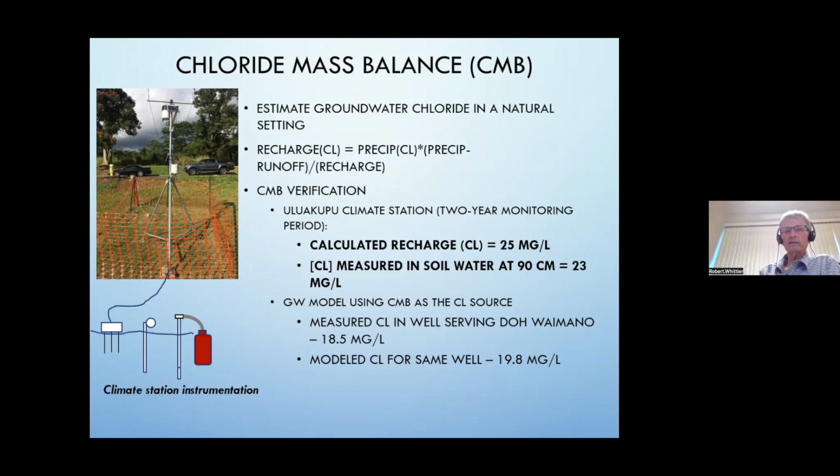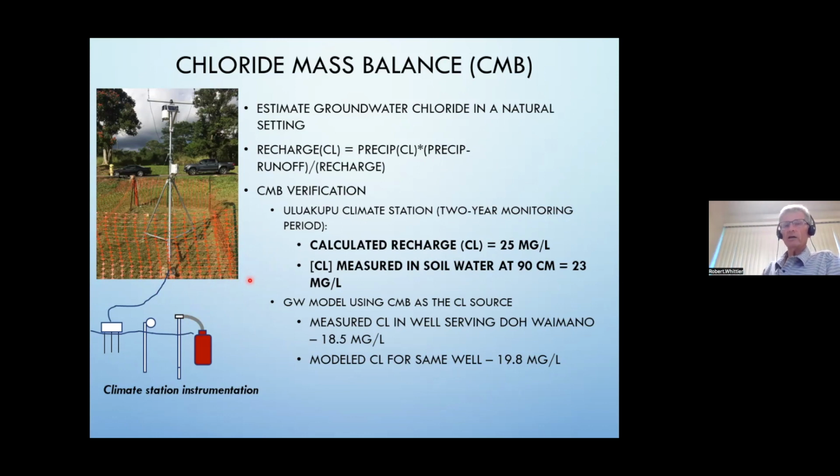So to validate this, we have a climate station right outside my office here at the Upper Pearl City, and do a water balance study and estimate recharge, and also collect the rainwater to get a chloride composition of rainwater and dry deposition.